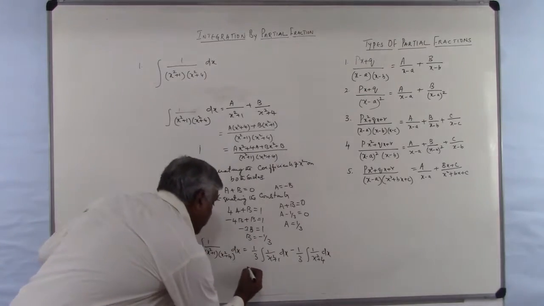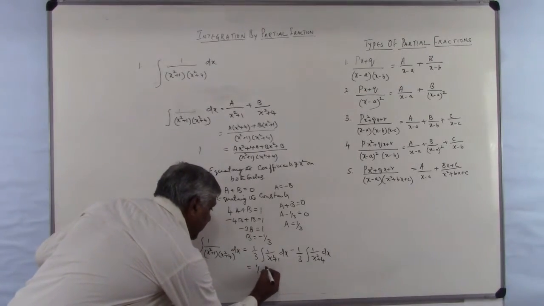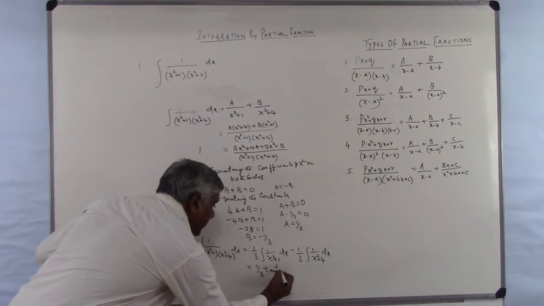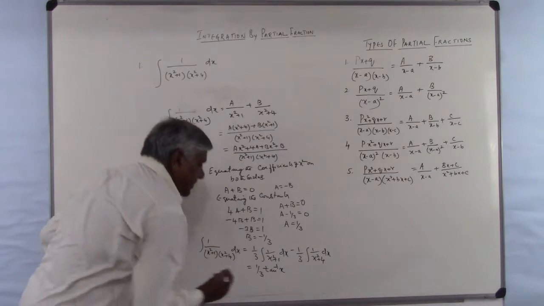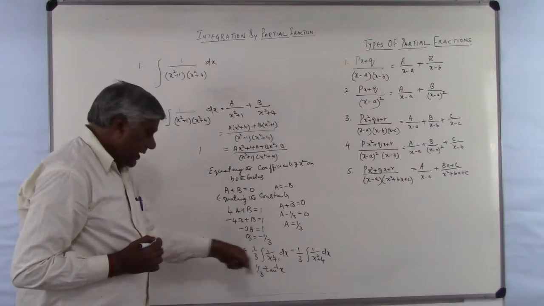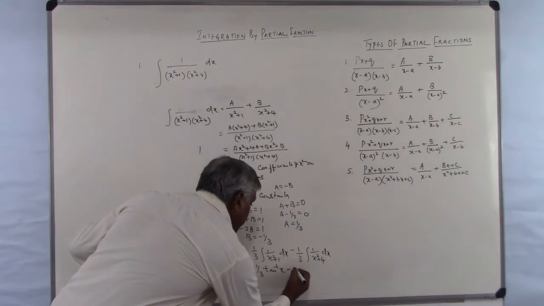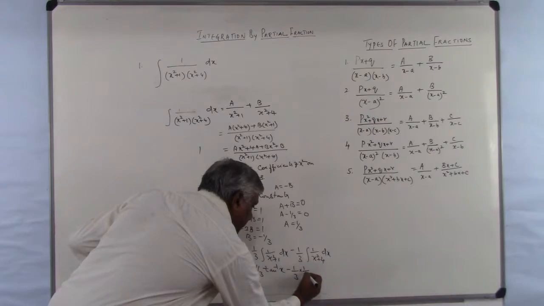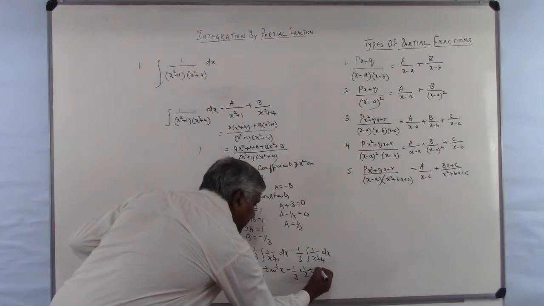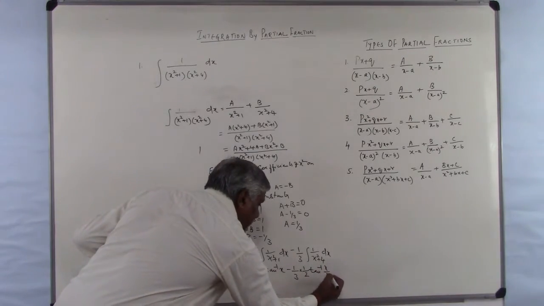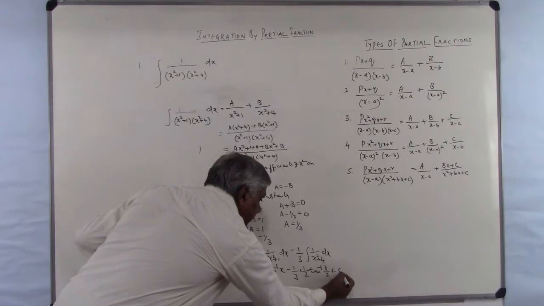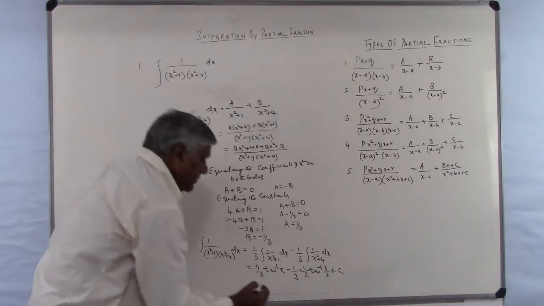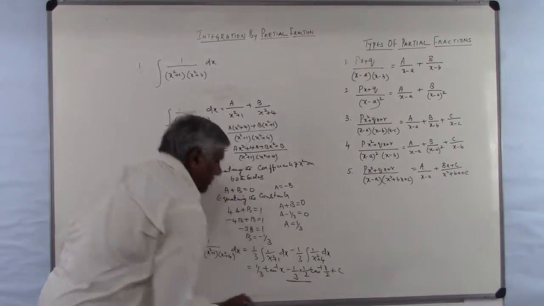Now this is equal to 1 by 3 tan inverse x minus 1 by 3 into 1 by 2 tan inverse x by 2 plus c. This is the answer for this problem.